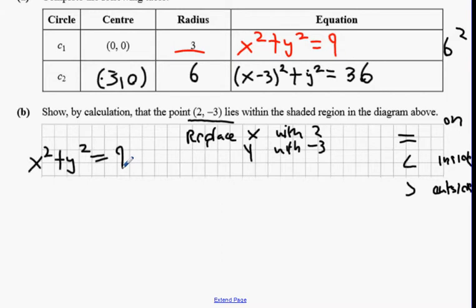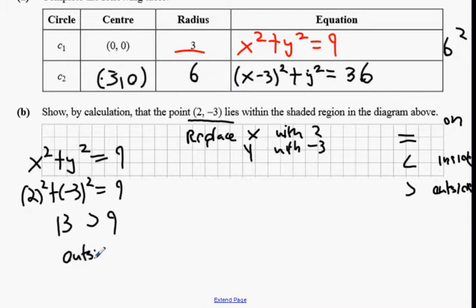I put in 2 for x, minus 3 for y, and I get 13. 13 is greater than 9. What does that mean? Outside. So it's outside C1, outside the small circle.